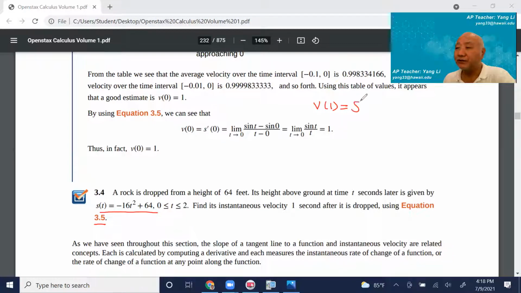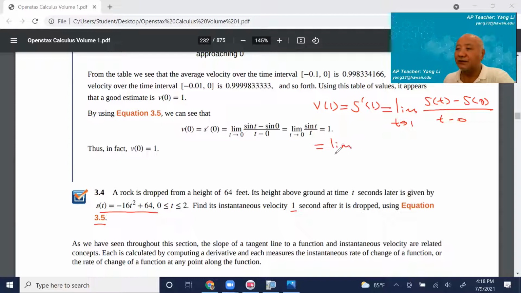This will be the derivative at t equals 1, and the definition is the limit as t approaches 1 of s(t) minus s(1), divided by t minus 1.